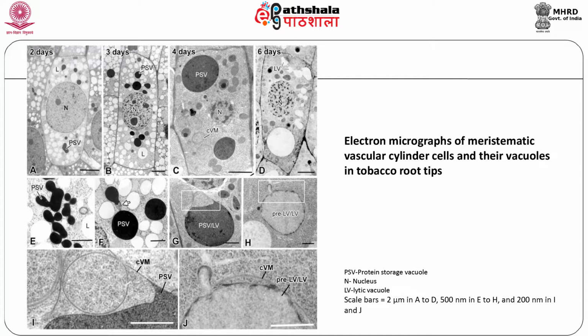These vacuoles also show evidence of fusion of small vesicular structures with the large vacuoles. In I and J, the boxes in G and H indicate the collapsed vacuole membrane domains. N is the nucleus and the scale is given.